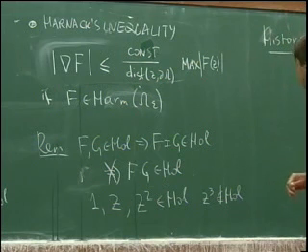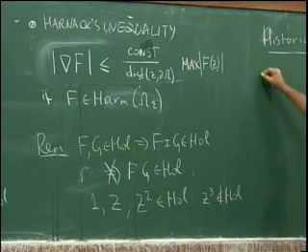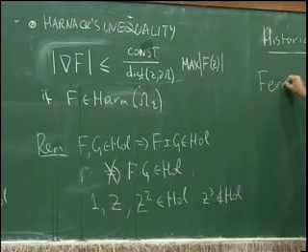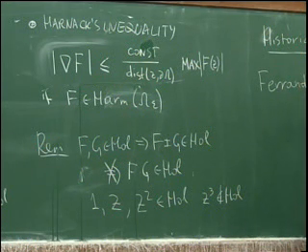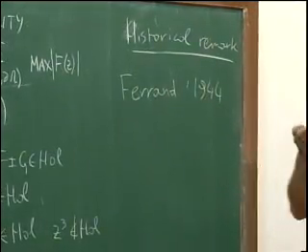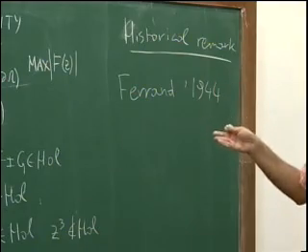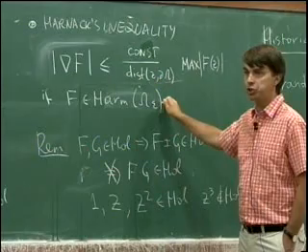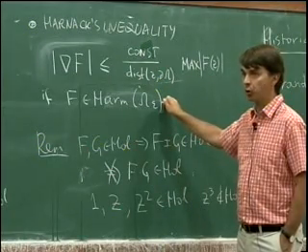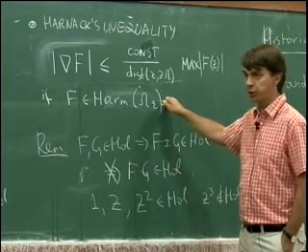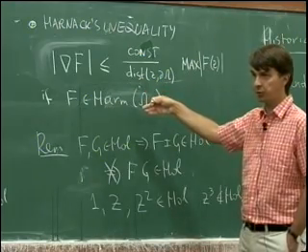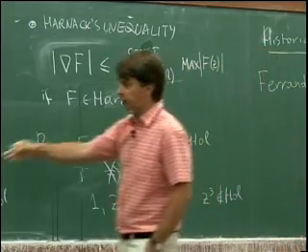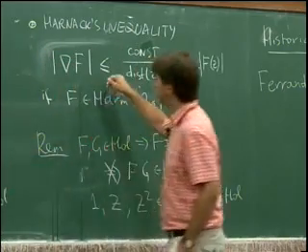And then I think the first paper where this really appeared was a paper by Jacqueline Ferrand, in 1944. Essentially what she did is what is on this blackboard, but she couldn't prove Harnack's inequality, which she needed to pass to the limits, because her goal was to show that in certain cases you indeed converge to continuous holomorphic functions. So she had conditional statements of this sort, but she did not prove that statement.